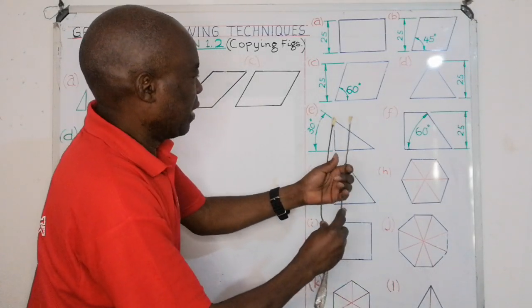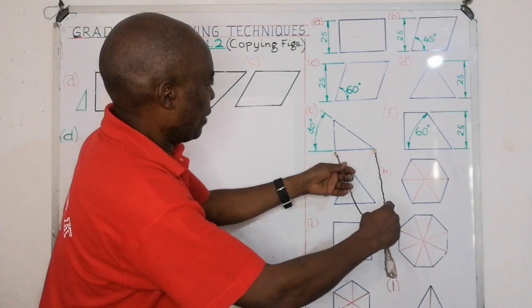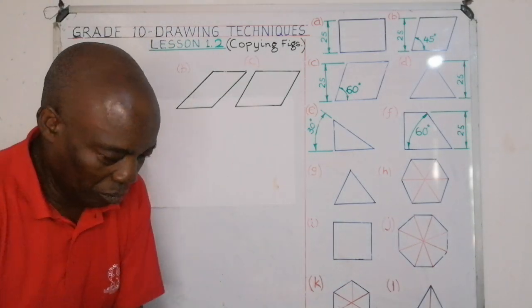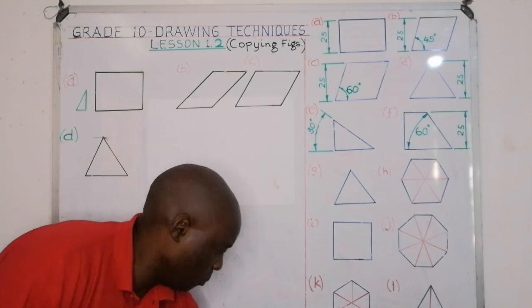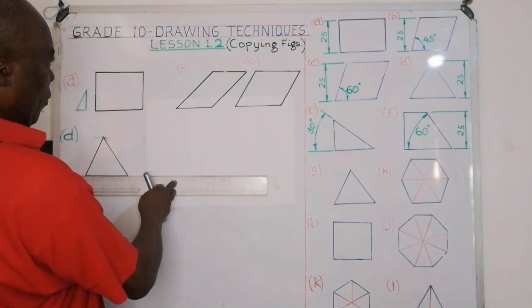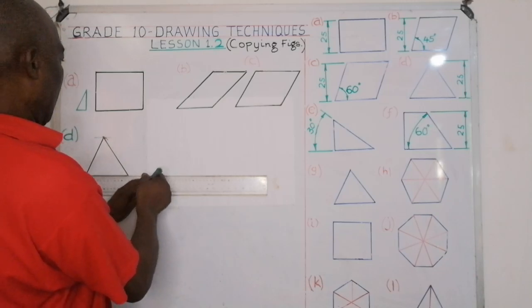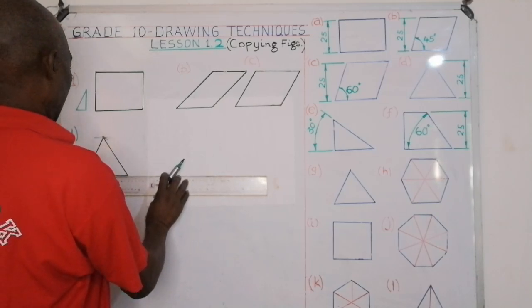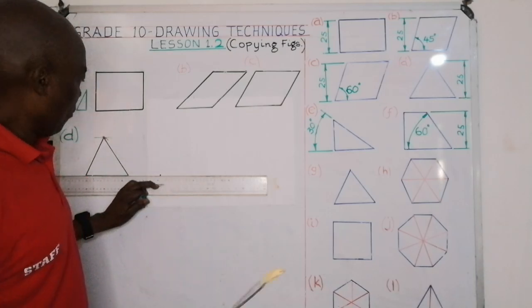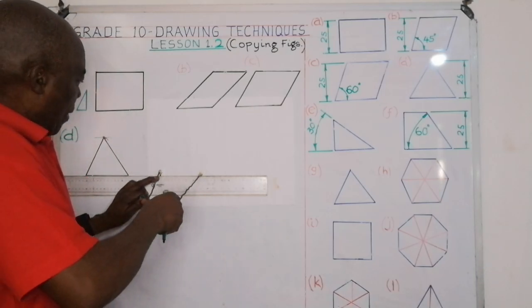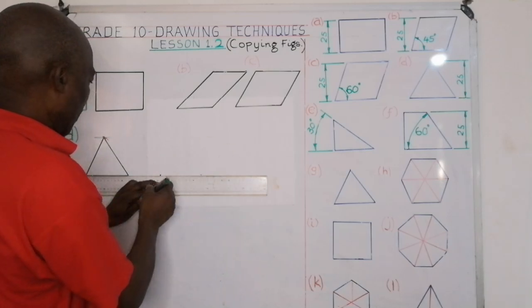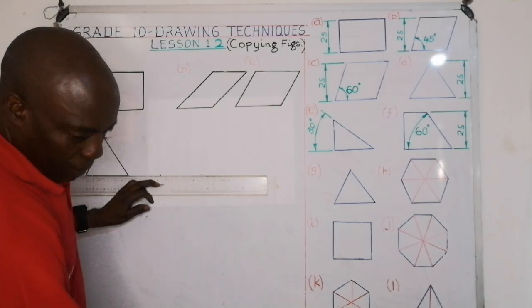In a workbook it's already given, so that's why I'm now trying to transfer it here up to there, right? Let me start from there up to there. That's the given side.